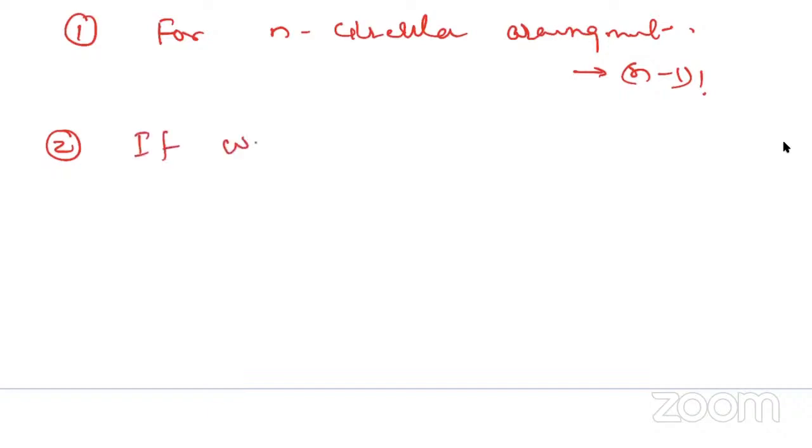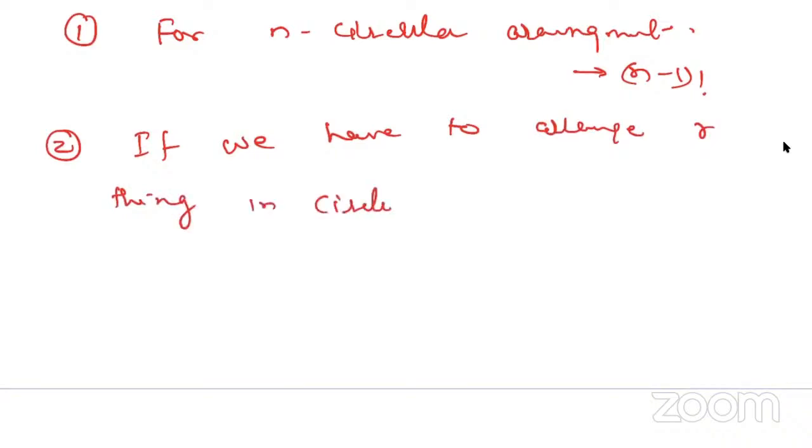If we have to arrange r things in a circle out of n, first we have to select them by nCr ways, into r minus 1 factorial.